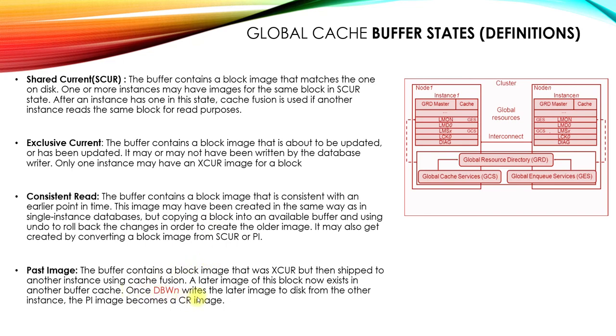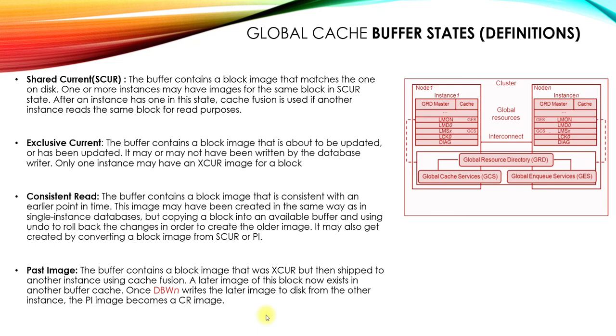Once the database writer writes the later image to disk from the other instance, the PI image becomes a CR image. So this is the older image. We can call consistent read synonymous to the past image, with one slight difference.